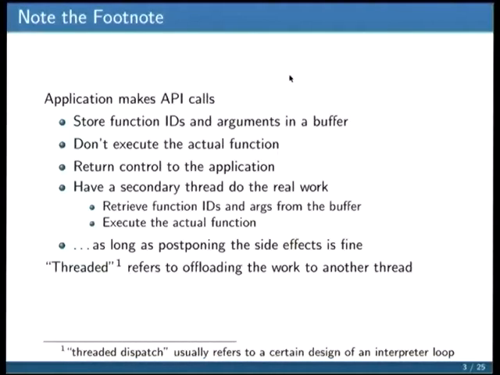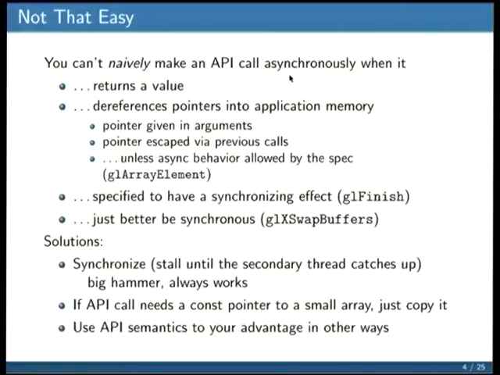And what you do is you store the arguments into a buffer, and you do not call the actual OpenGL function, but you have a secondary thread that will call into the driver with those arguments and have the driver do the work. So as long as you can postpone the work in such manner, you can hope to have some performance improvements from getting the driver overhead away from the application thread somewhere else.